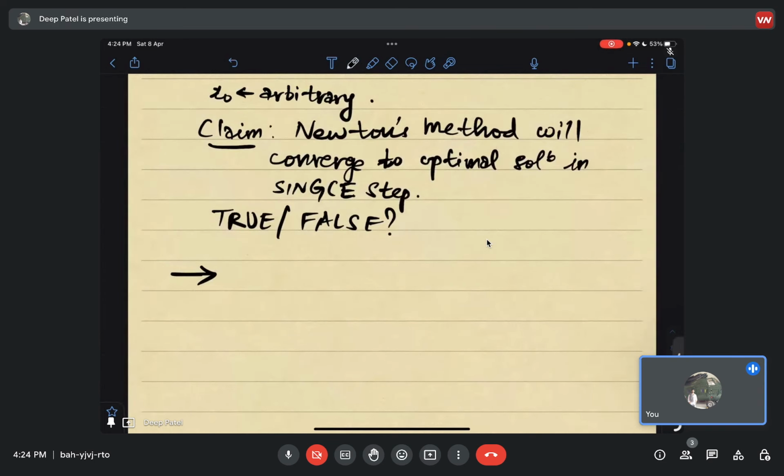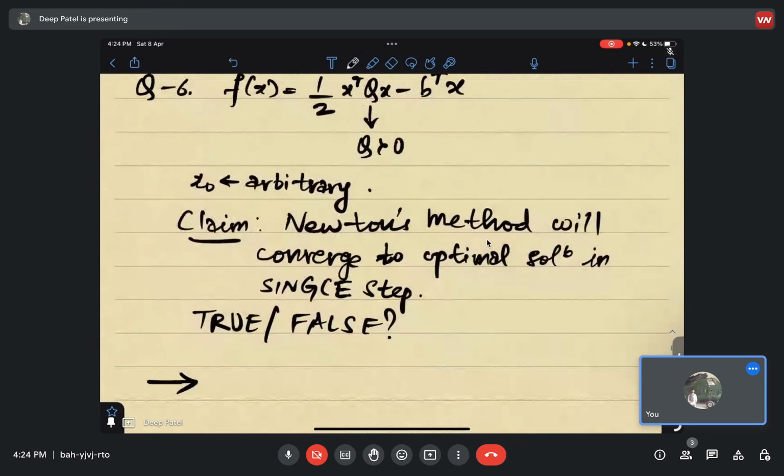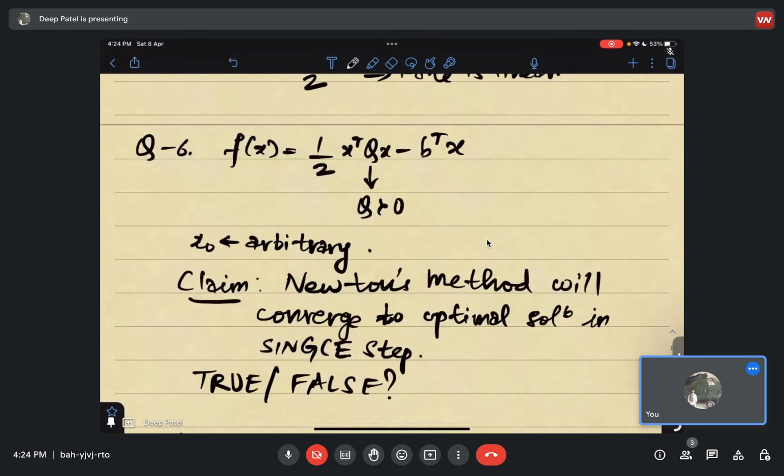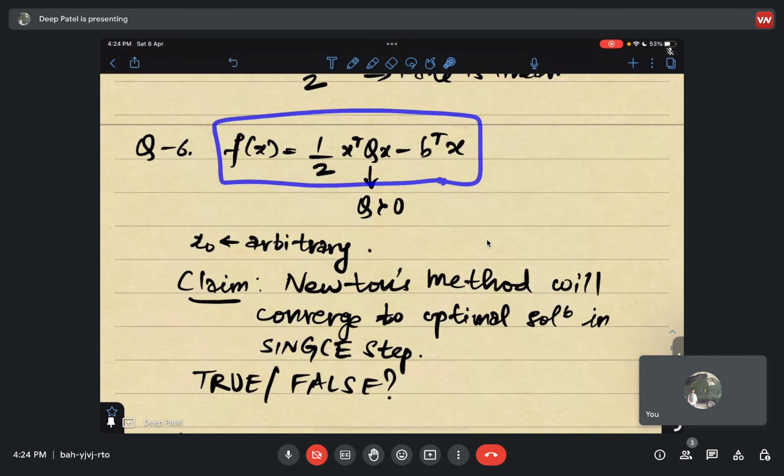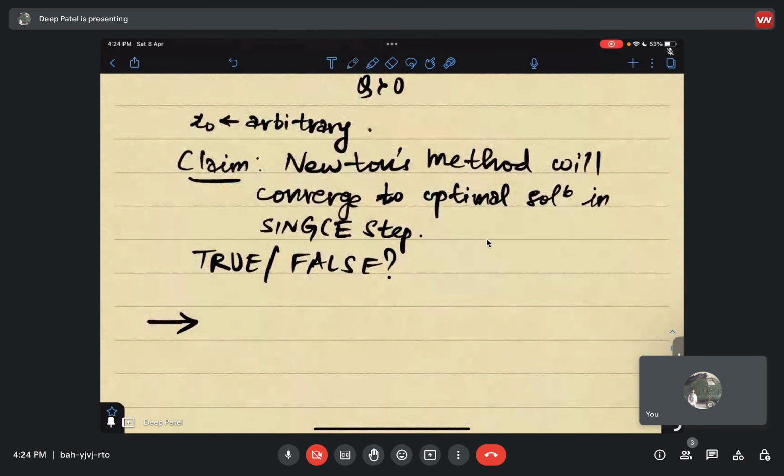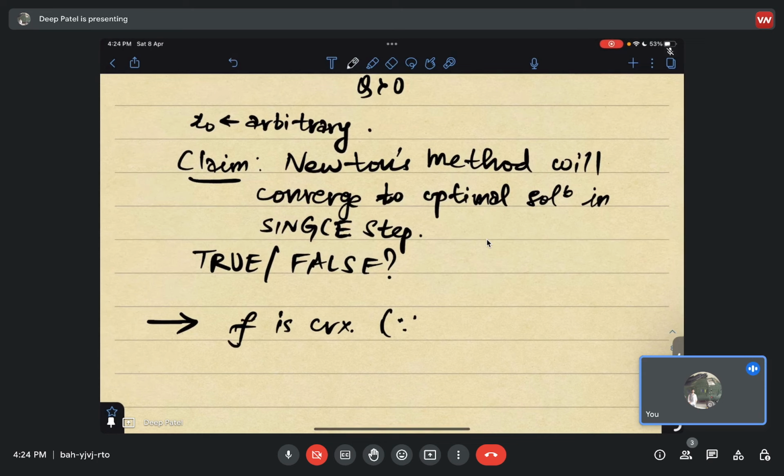Okay, so let's write this down. It's a convex function, at least you agree on that. So it will converge, but we cannot guarantee it will do it in a single step from the matrix Q. Anyway, let me go step by step and see what happens. So f is convex, because the Hessian is Q, which is positive definite.